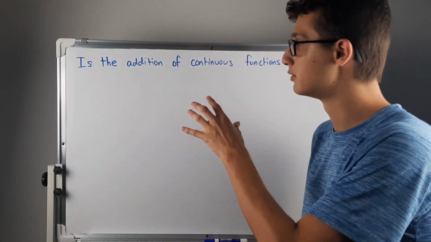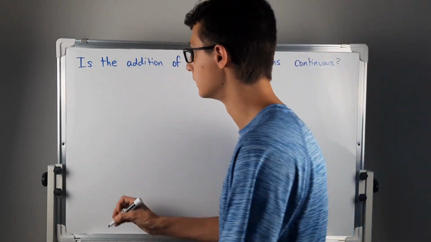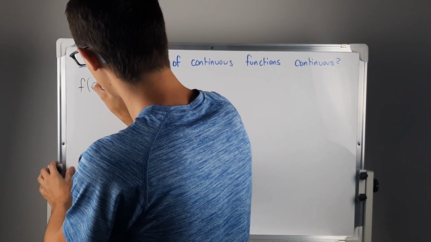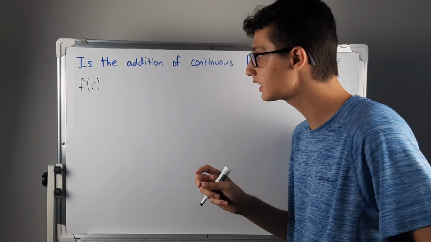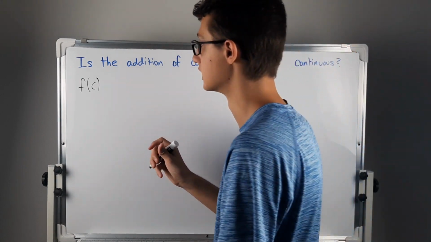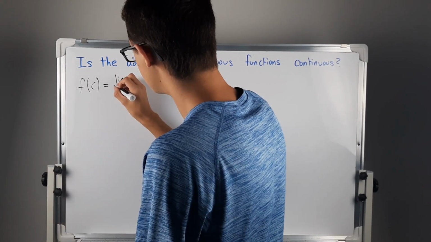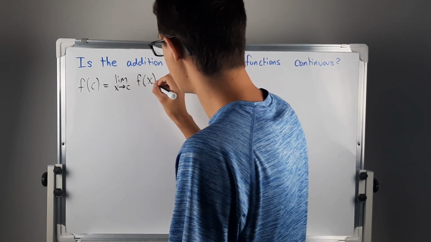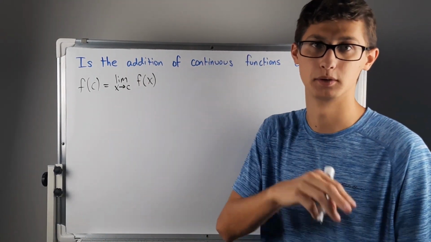So if a function is continuous at a particular point, what you need is your function evaluated at that point. So I'm going to call it f of c. So c is the point we're looking at, and f is, of course, our function. If f of c is equal to the limit as x approaches c of f of x, that means that f is continuous at x equals c.